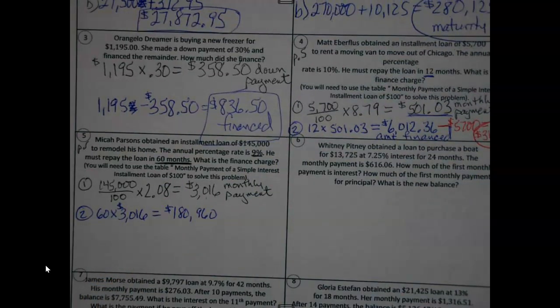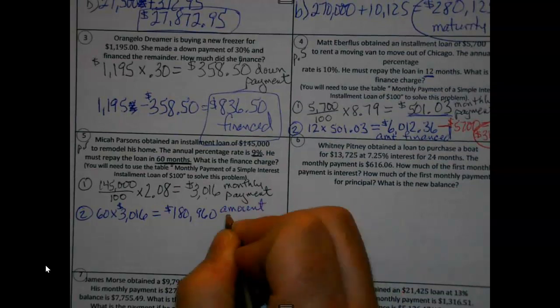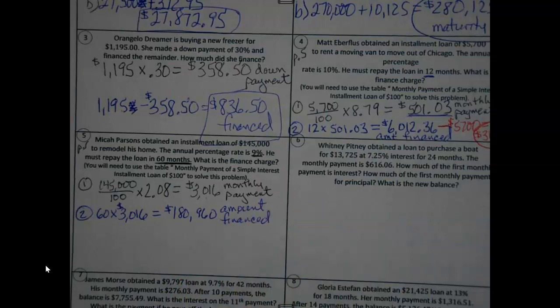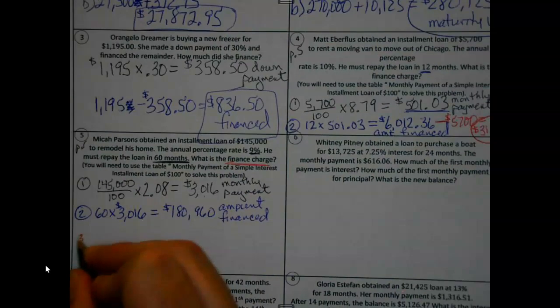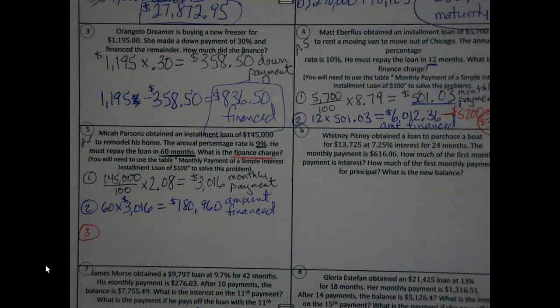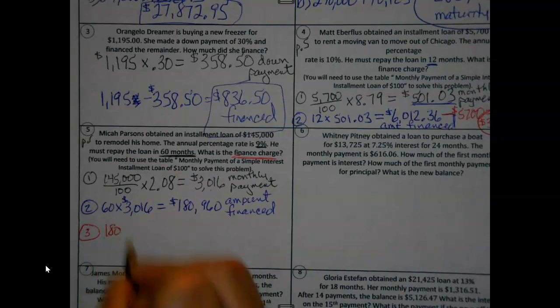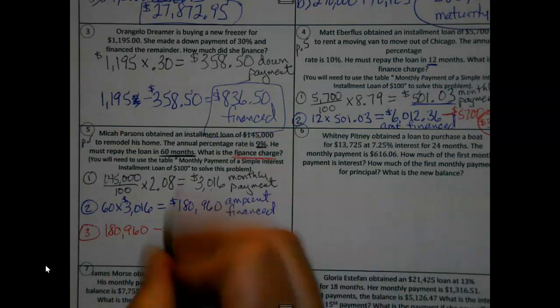Okay, so again, that is the amount that I financed with the interest and with the loan that I had. But if all I care about is the finance charge, all I care about is the interest that I paid, maybe I'm going to use it as a tax write-off or something. I take the amount I'm going to pay back minus the amount I borrowed.